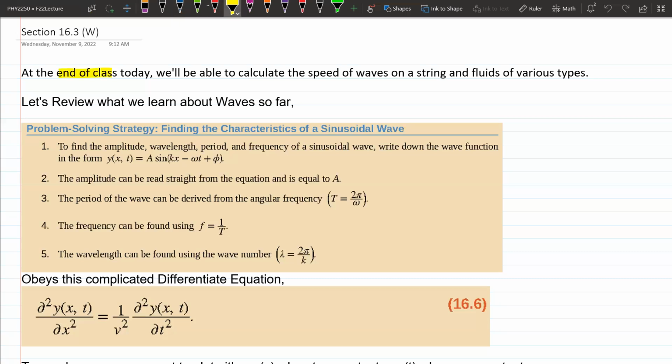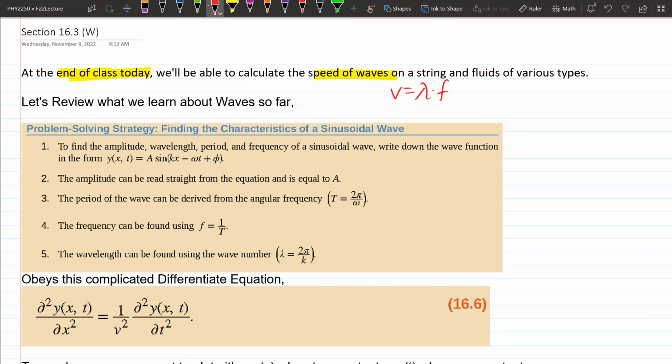But hopefully by the end of class today, we're going to be able to calculate speeds of waves, okay? When I say that, I don't mean that if you know the wavelength and the frequency, you can always calculate the speed of the wave. Let's say I have a string attached to a wall, right? How fast is that speed without knowing the wavelength or the frequency?